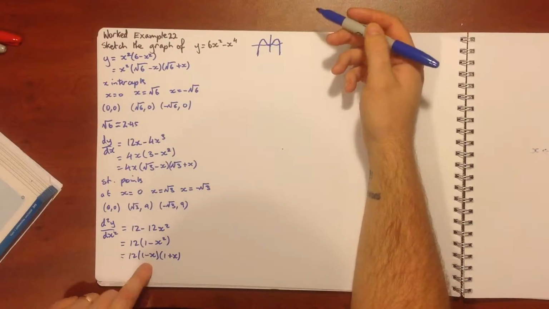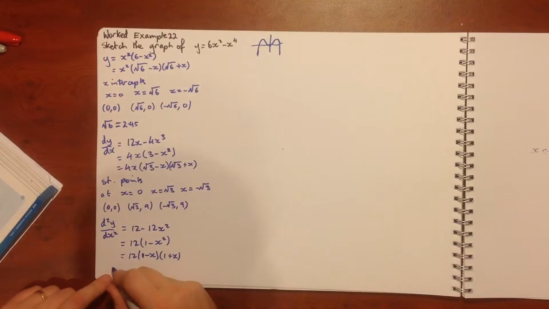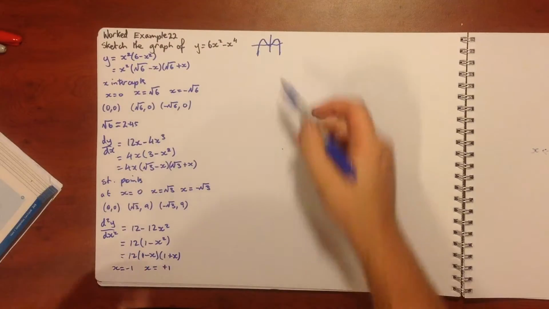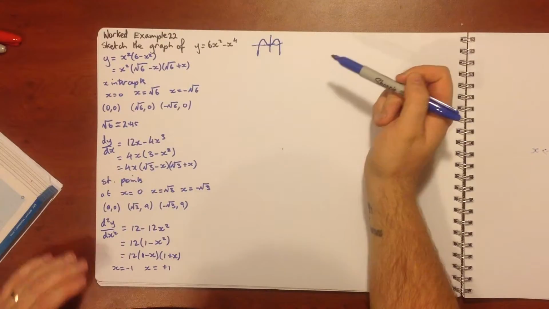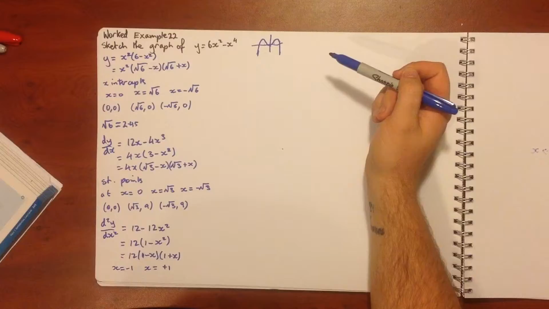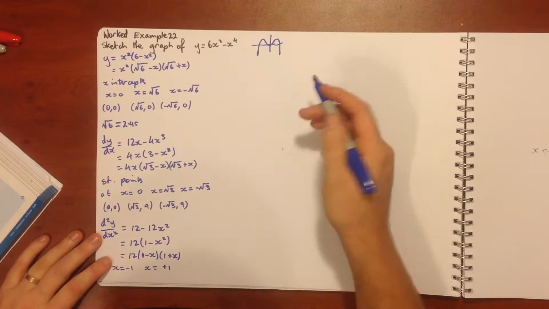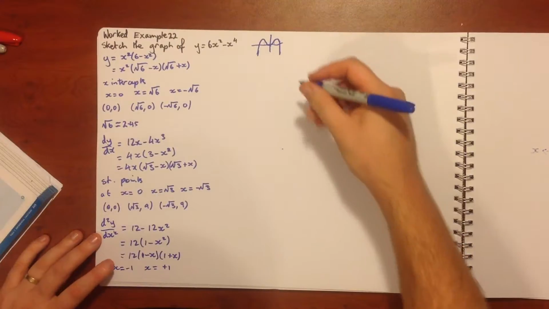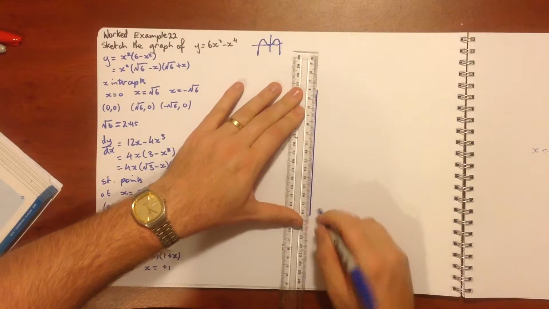We also know that at x equals -1 and x equals 1, these are our non-stationary points of inflection, where we have a maximum gradient and where the concavity changes. Now we can draw some axes again and draw our graph.